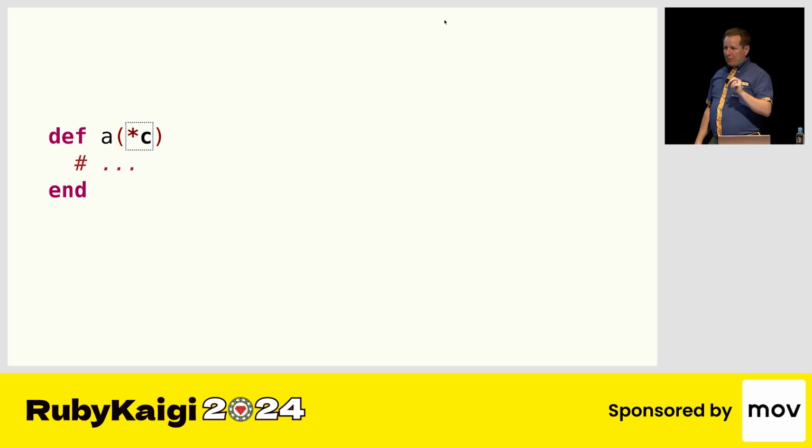In this example, we have a method that accepts a positional splat parameter. And it's not possible to avoid allocating an array for this parameter. It's because any code inside the method could, theoretically, access this variable. And while working on these optimizations, I realized that if you could remove the ability to access the variable, then it would be possible for Ruby to avoid the allocation.